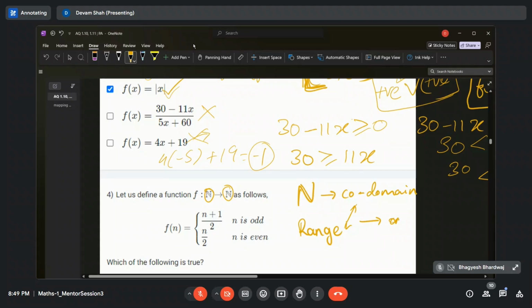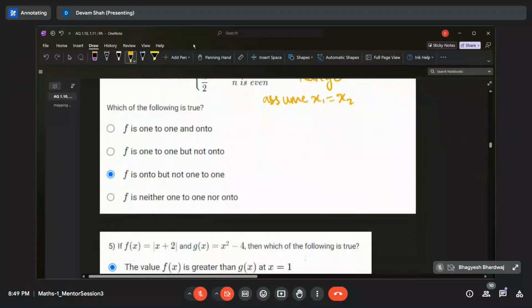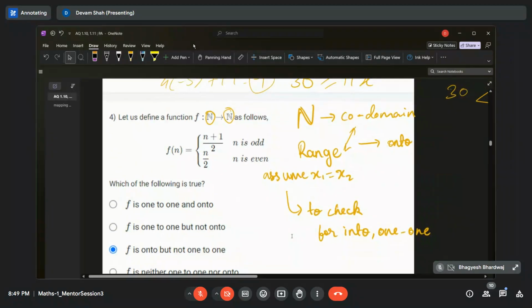You will find onto. And before that, you will do this assuming x1 not equal to x2. This you will assume and try equating and evaluating to check for one-one, right?